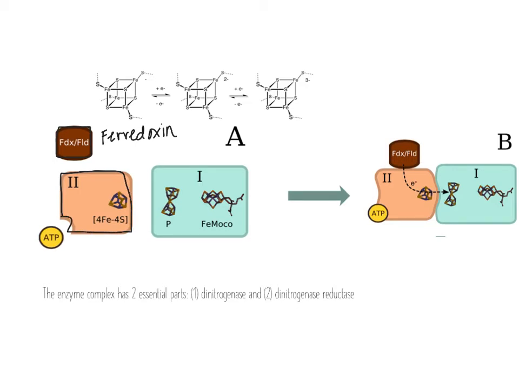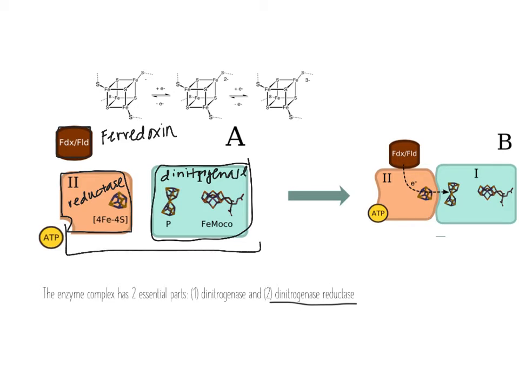And this one that's number 2, I kind of labeled them down here. I'm just going to call it the reductase. And then subunit number 1 is the dinitrogenase. Together, these are called the nitrogenase.